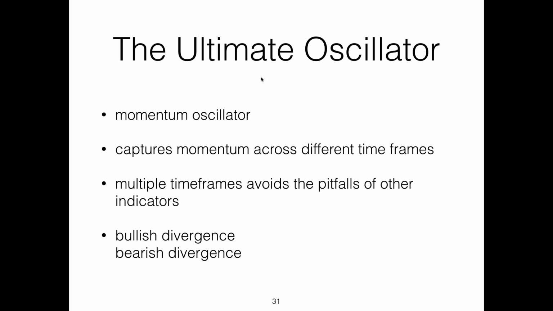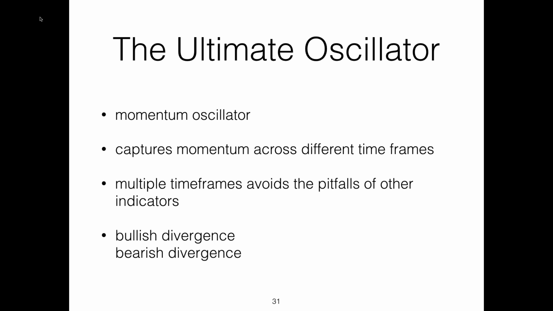Now, while you may use other indicators like RSI or stochastics, you're free to do so, but I use the ultimate oscillator for some reasons. The ultimate oscillator is a momentum oscillator. It captures momentum across different time frames.